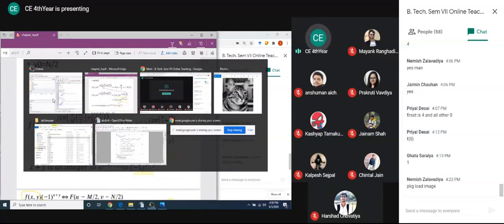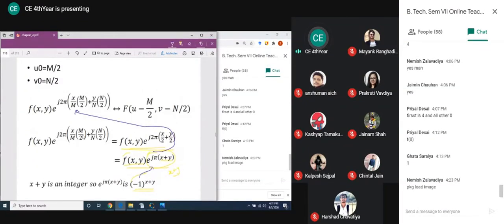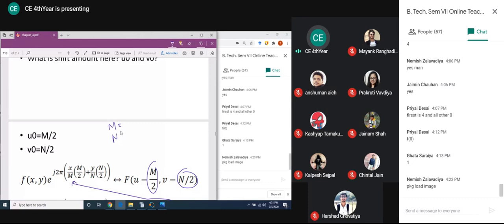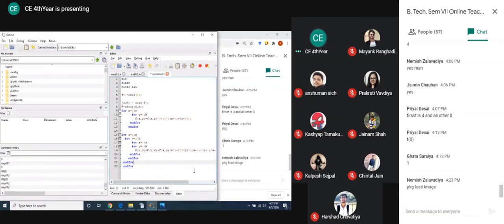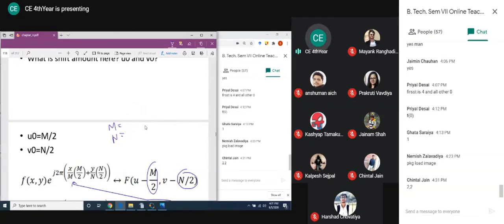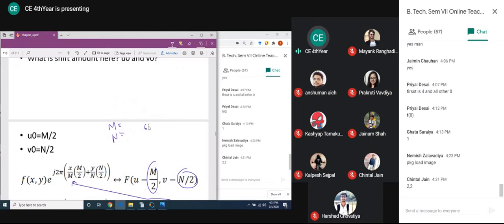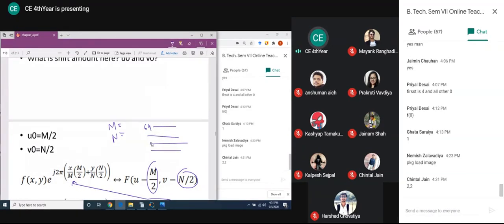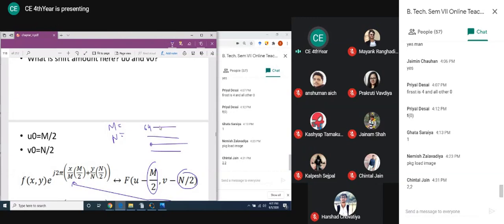That means I am shifting it. What is my question? How much will we get here? Yes, it will be 2. So actually, I will get a shift by 2.